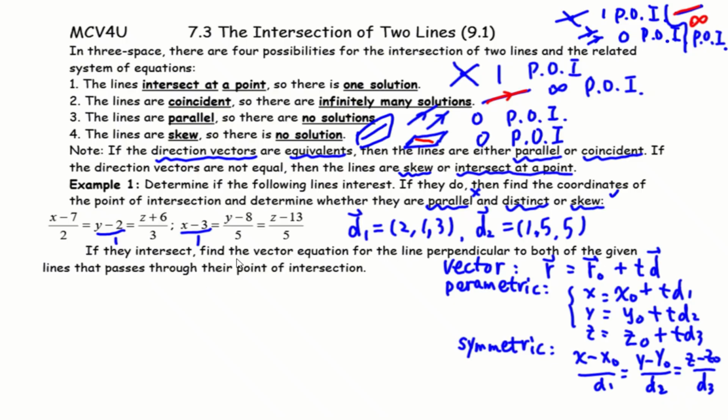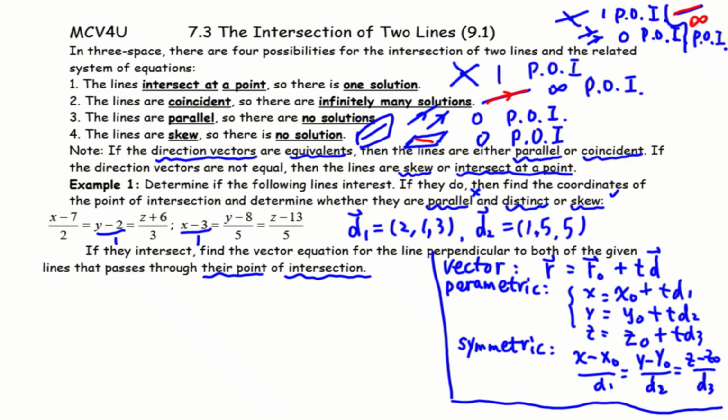And it asks you to find the given lines that pass through their point of intersection. So this is just 3 different formats for a line.